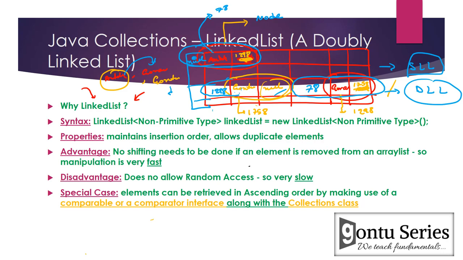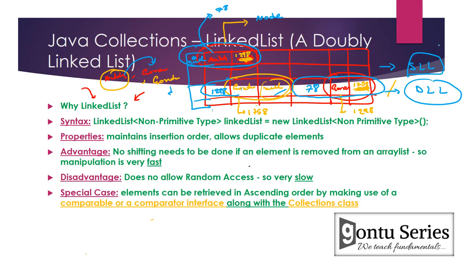And now if it is DLL, you have another advantage. You can go back also. From the last node, you would know what its previous element is, because here you can find out, hey, what is the previous element? It's stored at the 1298 position. So you'll go to that position and you will find, oh, Gaurav. And if you want to go back to the previous element of it, then you would check the previous element address, 78, so it would come over here.